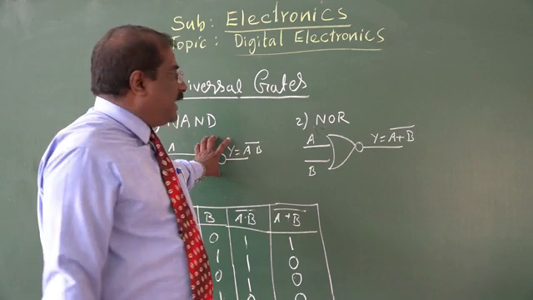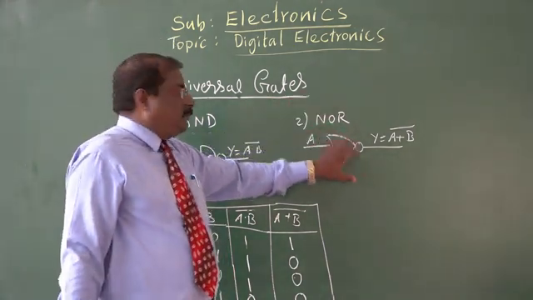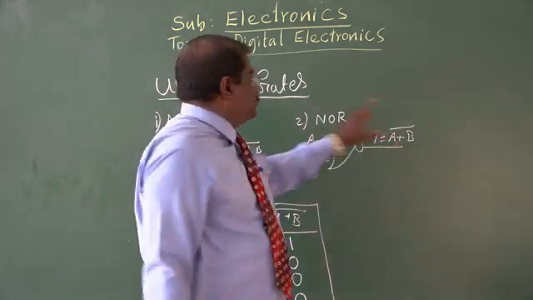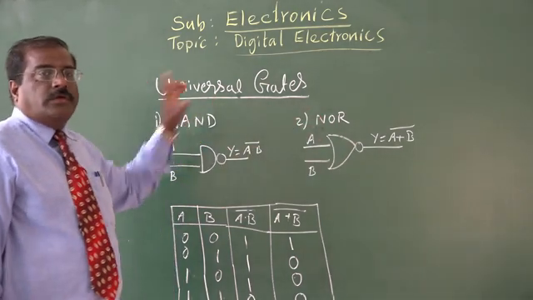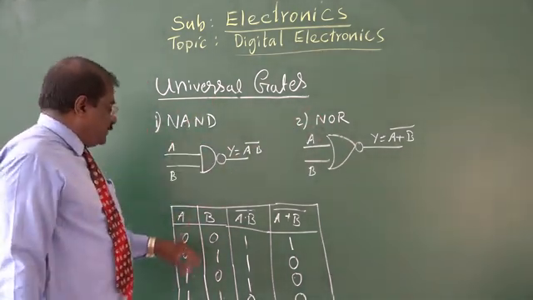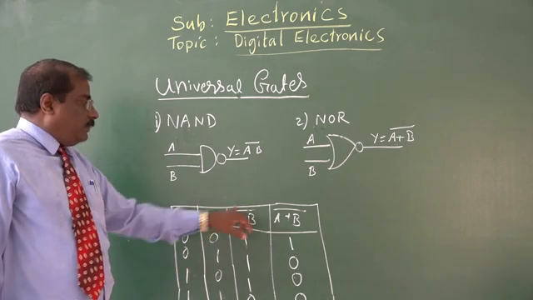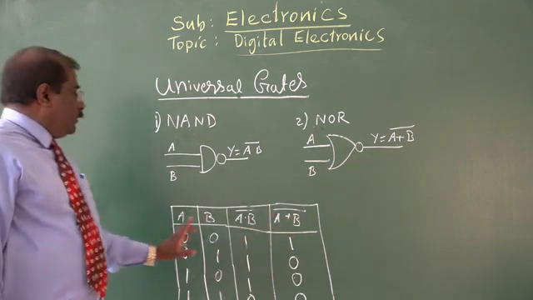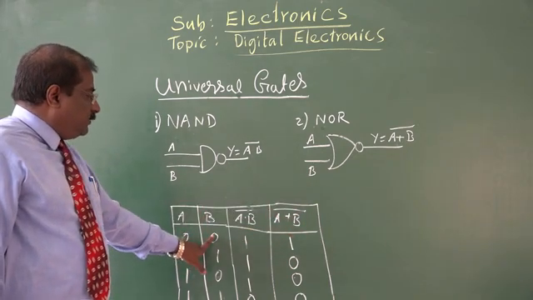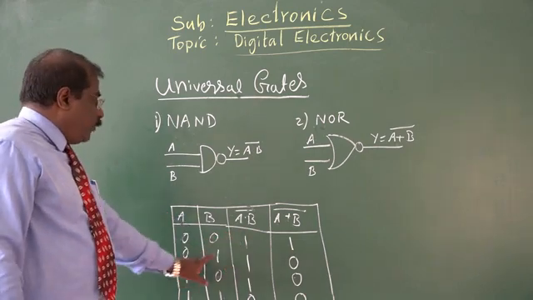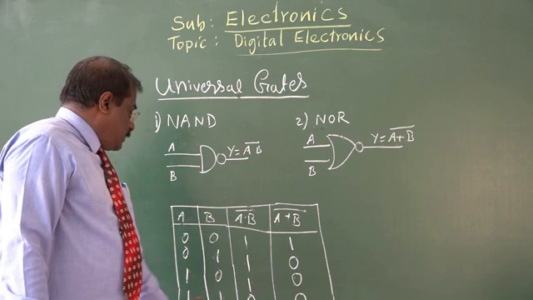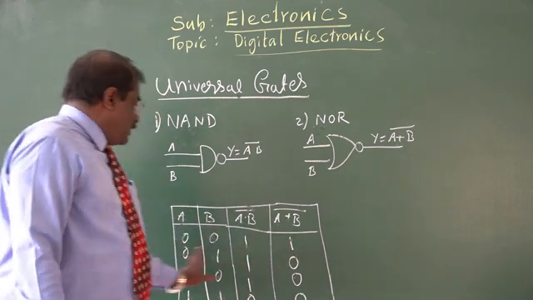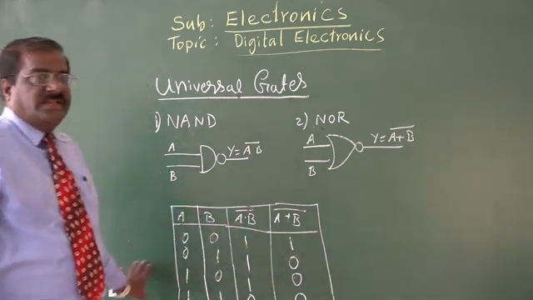The NOR gate is the OR gate plus the bubble. NAND and NOR are called universal gates. In the truth table, A, B represent the input and the output is A dot B whole bar for NAND, and A plus B whole bar for NOR. NAND gives 1, 1, 1, 0. NOR gives 1, 0, 0, 0.